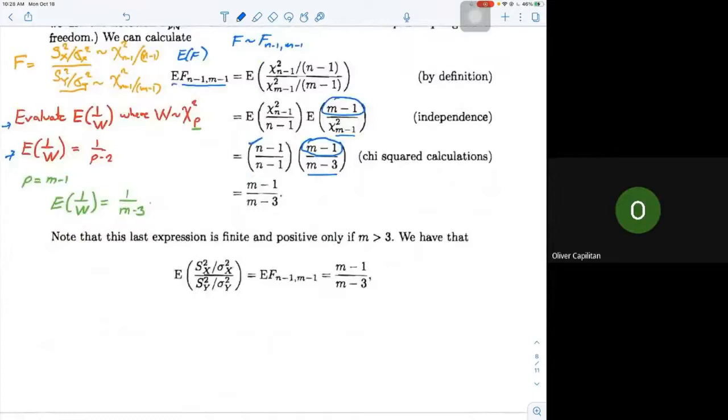Okay, so to verify, sulat lang natin ito.